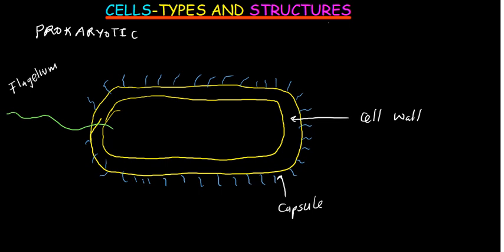When you're talking about the types of cells, we have two types: the prokaryotic cells and the eukaryotic cells. When you are talking about the classification of organisms according to the number of cells that they have, you can classify them as either unicellular or multicellular.